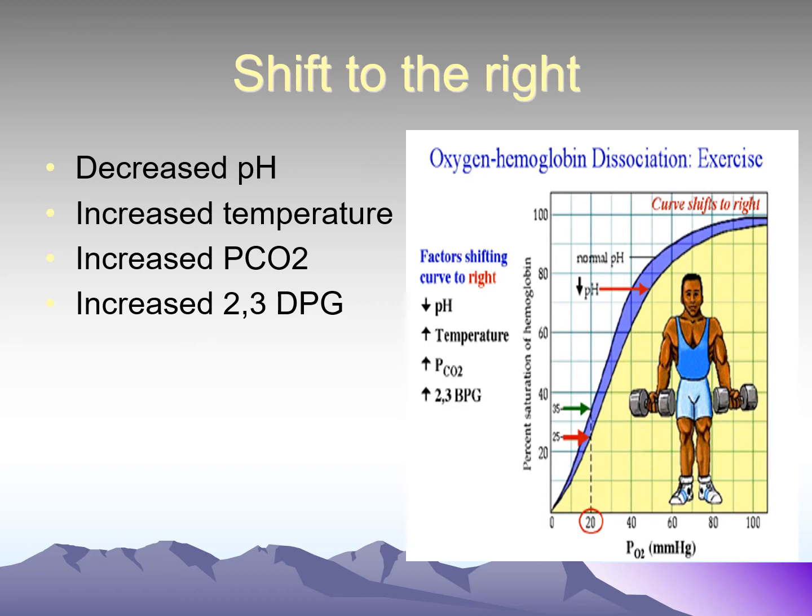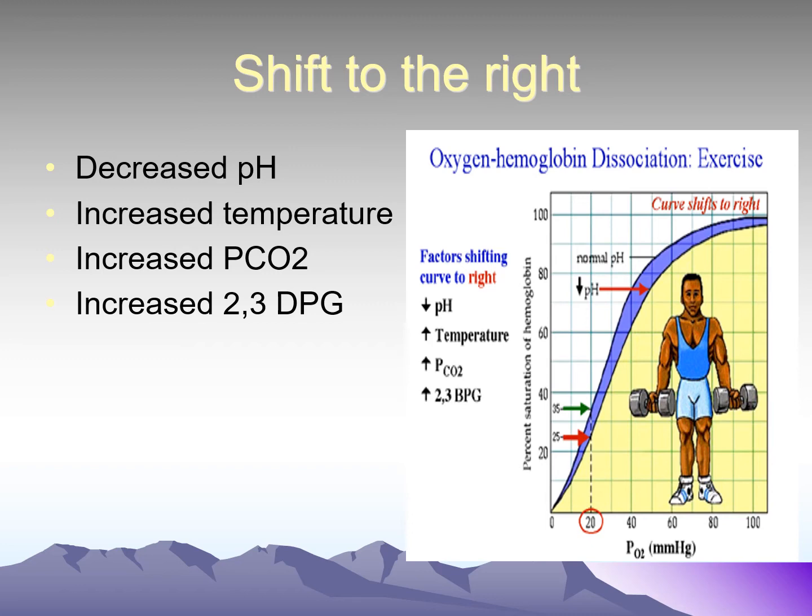Again, the pH has dropped. When the pH decreases, more oxygen is unloaded at the tissues, meaning less oxygen stays bound to the hemoglobin. With increased temperature, like exercise, more oxygen needs to be unloaded to the tissues to keep them working. The increased PCO2 results from the decreased pH.